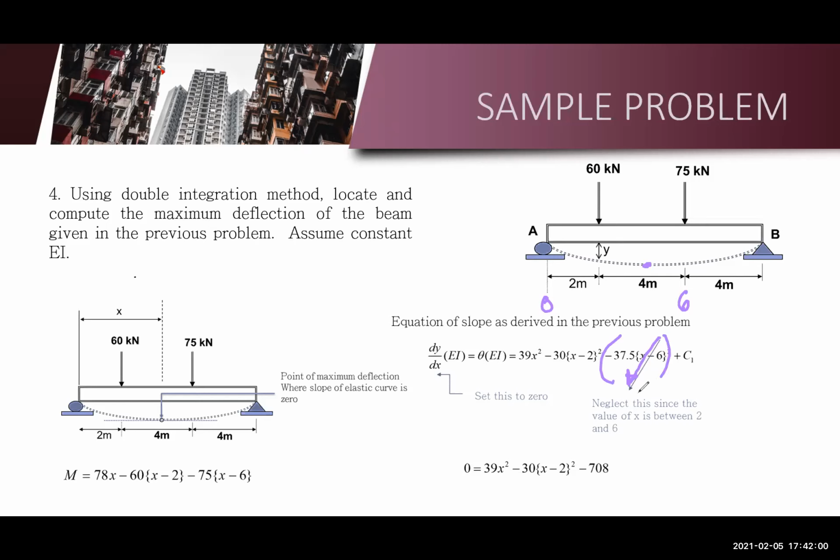So, ang equation lang na gagamitin natin is ito, then C1. No, bakit yung sa slope yung ginamit natin? This is slope, di ba? If you recall, I told you dun sa previous lesson na the point of zero slope is the point of your maximum deflection, di ba?